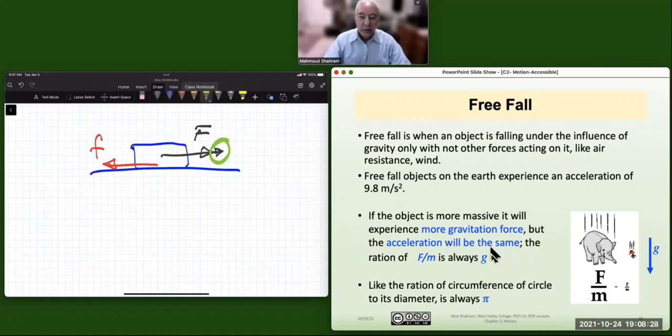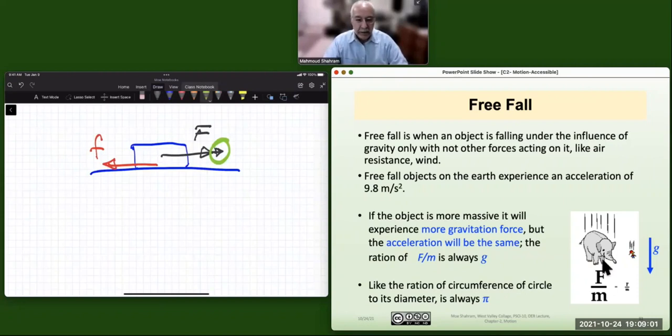So we remember that Galileo demonstrated that no matter how massive or how light an object is, they're both going to fall at the same rate, provided we ignore the air resistance, because air resistance would affect the larger object more than the small object.